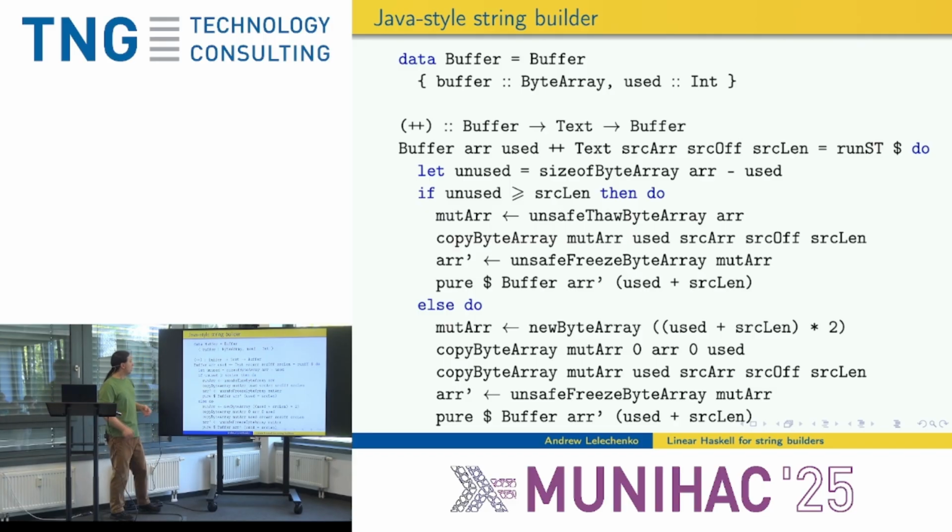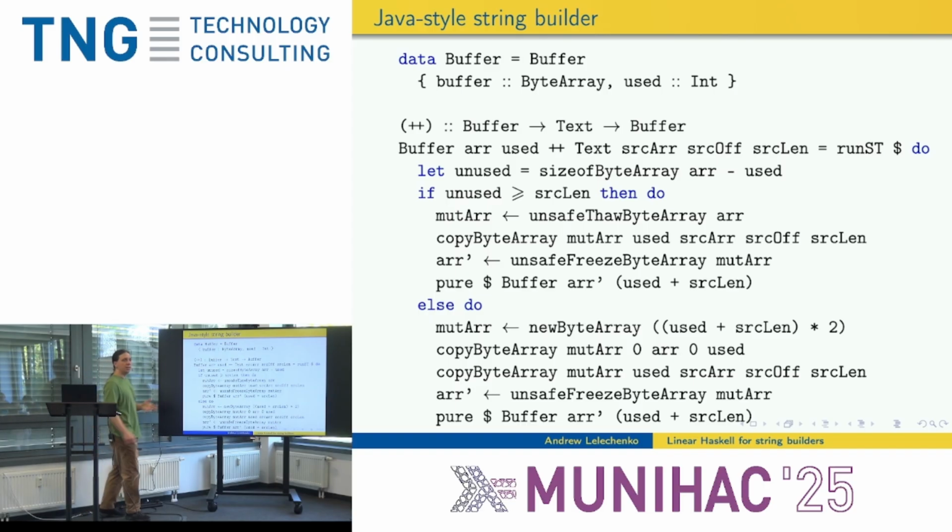So what do I do? I check how much space I have available, what's my capacity in this byte array. I thaw it, so I convert from an immutable byte array to a mutable byte array, which I will be able to modify. I copy bytes from the text source, from the given offset, to my mutable array. Freeze it back so that it's no longer mutable, and return another buffer with the amended amount of used bytes.